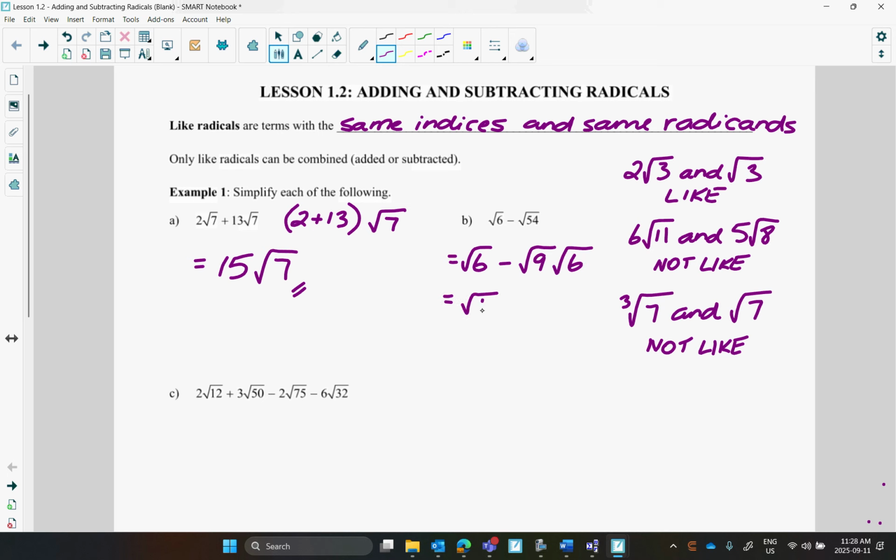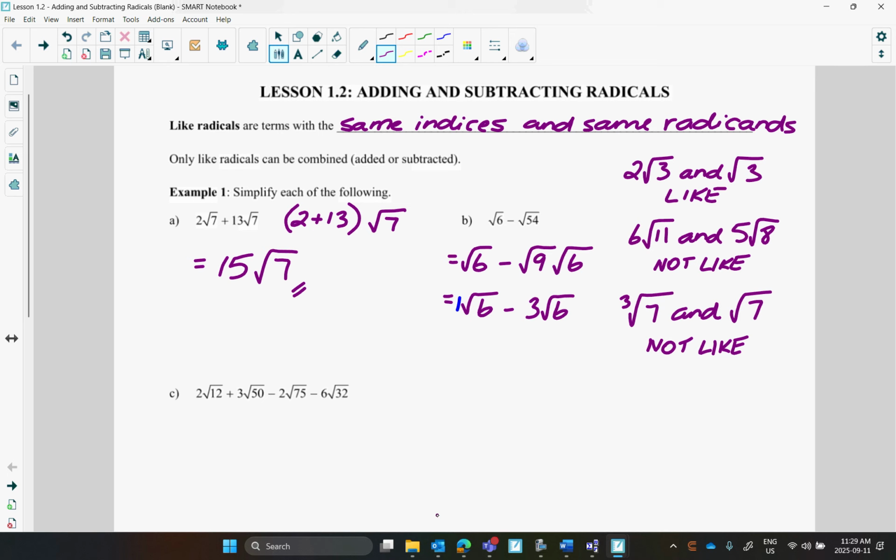Gives me root 6 minus 3 root 6. After simplifying, they turned into like radicals. And remember, root 6 is the same as 1 root 6. So think 1 root 6 minus 3 root 6.